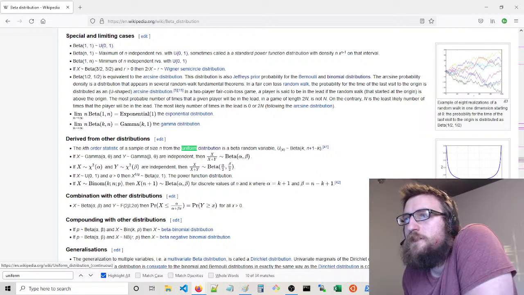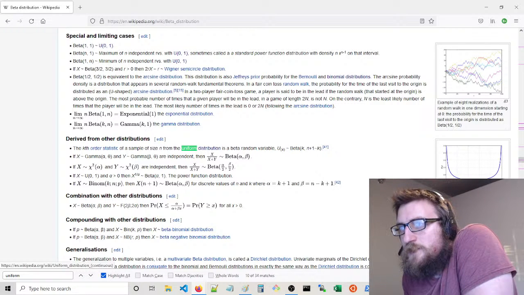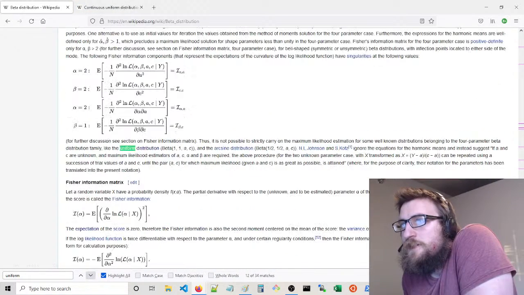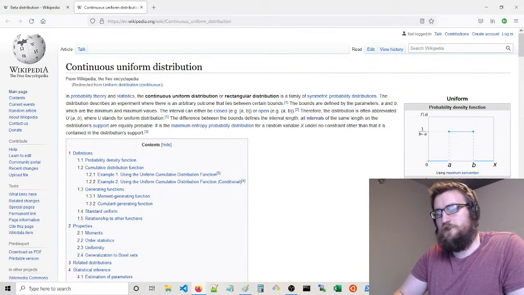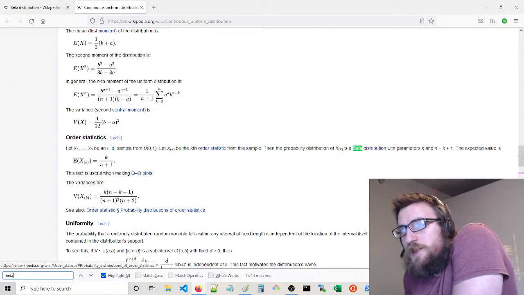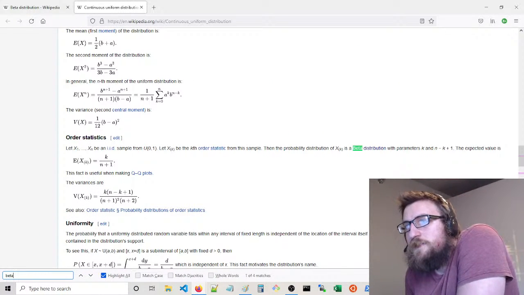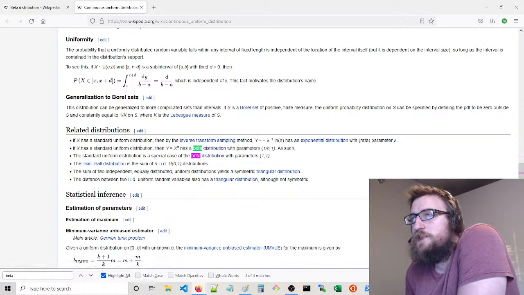Okay, you see this? Oh no. Actually, maybe I should go to this one. I did it wrong. Hold on. The beta distribution. Oh, here it is. Yeah, okay.